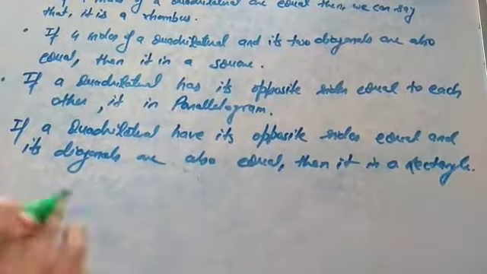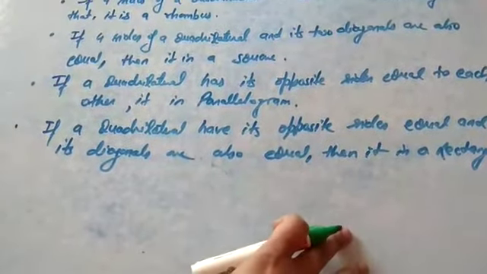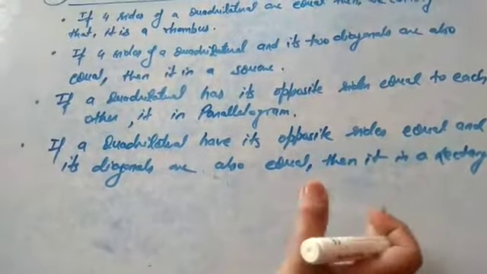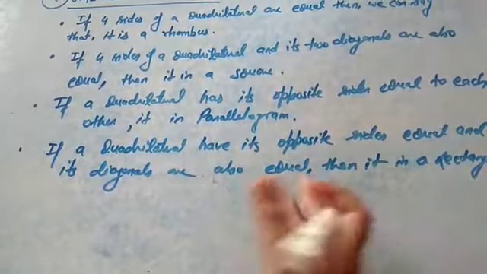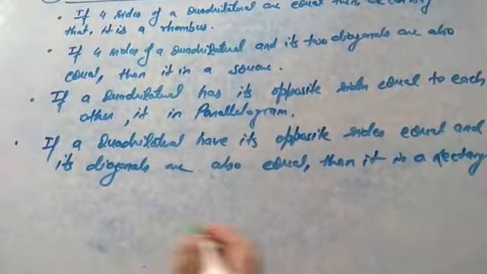So these are some of the general rules to prove whether the given four vertices on a Cartesian plane are of a rhombus or of a square or of a parallelogram or of a rectangle. So I am giving you an example.